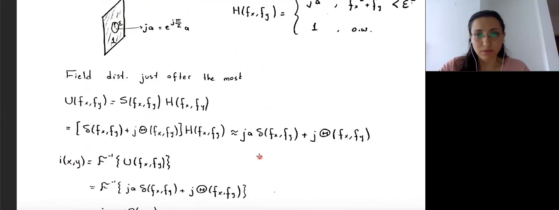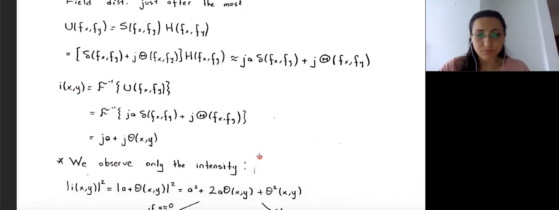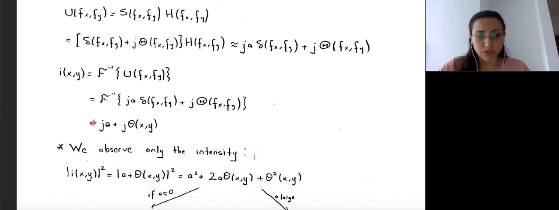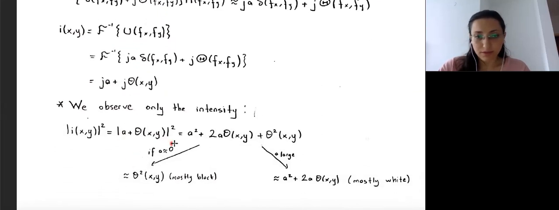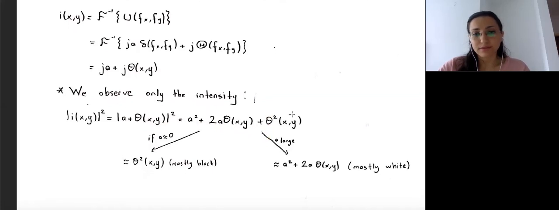So it was just an amplitude change parameter. So if you look at this magnitude square, we basically see the absolute value square, because everything inside is now real valued. So we're gonna have a square plus 2 times a theta xy plus theta square xy. So this is what is gonna be captured by our eyes.